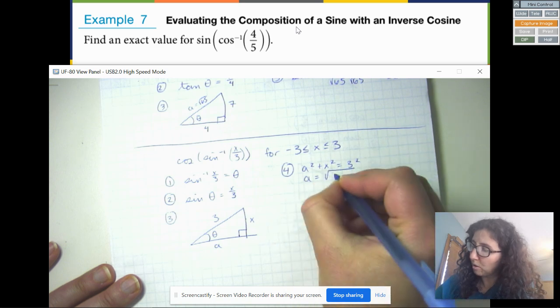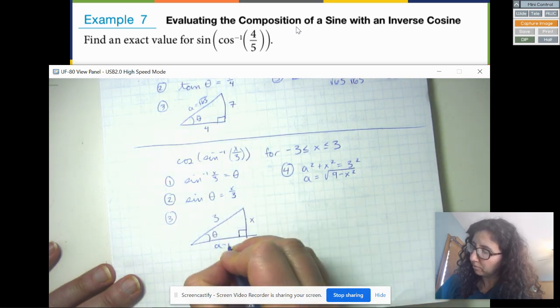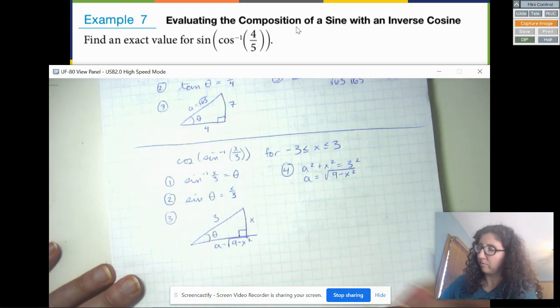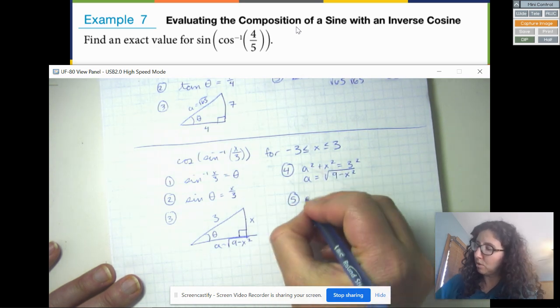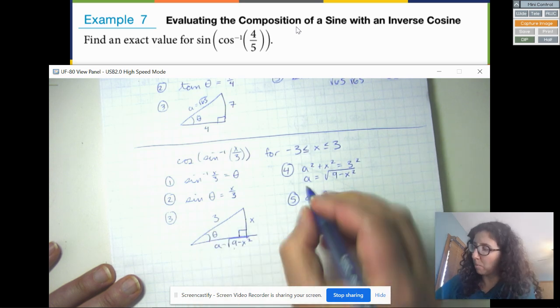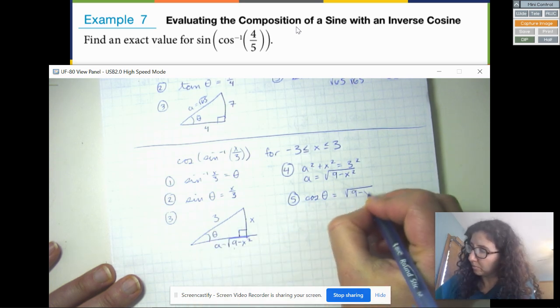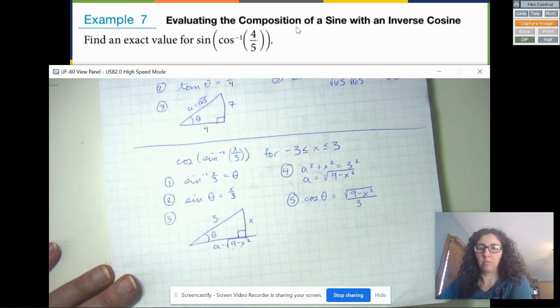So a is the square root of 9 minus x squared. Great. 5th step, I'm going to say cosine of theta equals adjacent over hypotenuse. And that's my answer in terms of x.